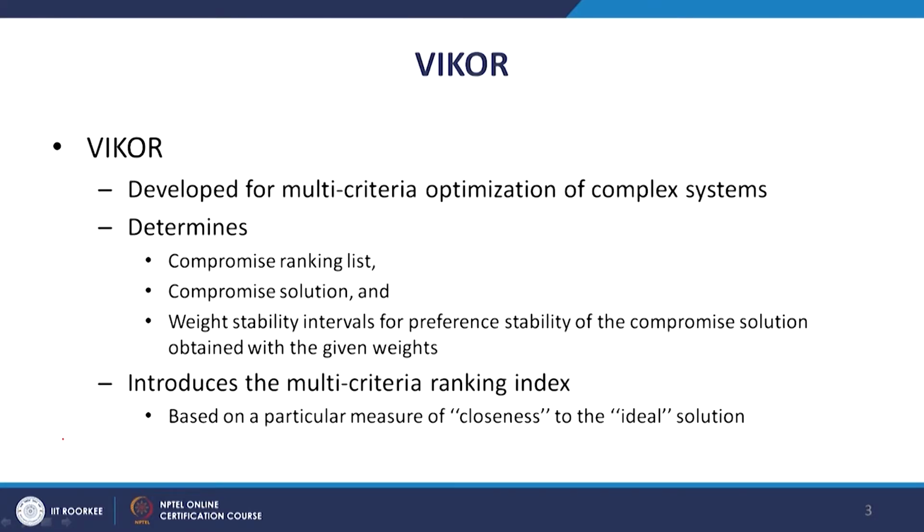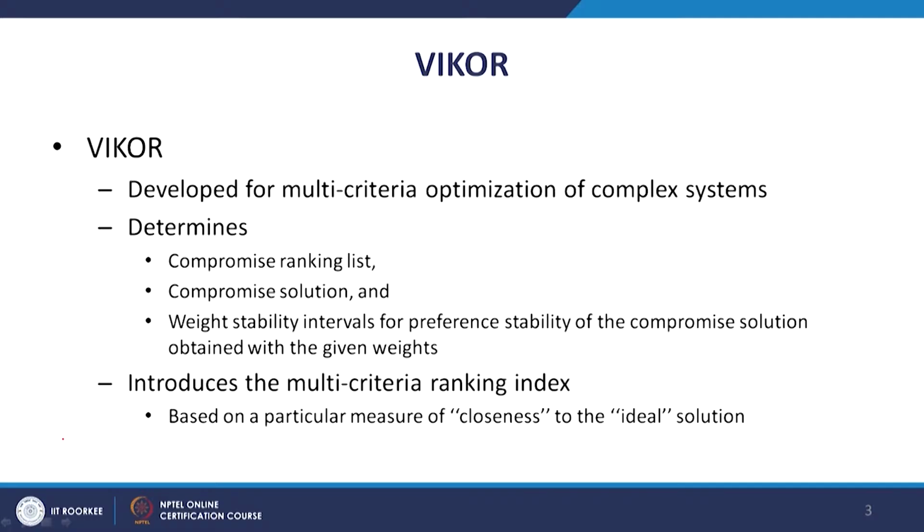VIKOR is typically used for multi-criteria optimization of complex systems. Once we do our VIKOR modeling, the output that we get is the compromise ranking list, the compromise solution, and the weight stability intervals for preference stability of the compromise solutions obtained with the given weights.